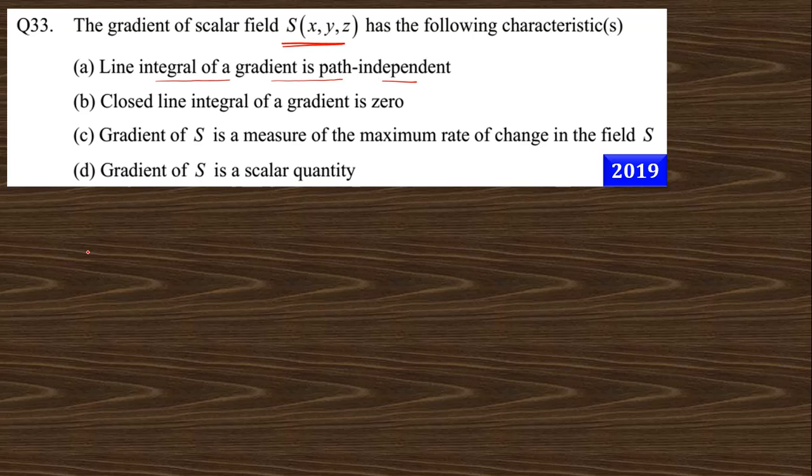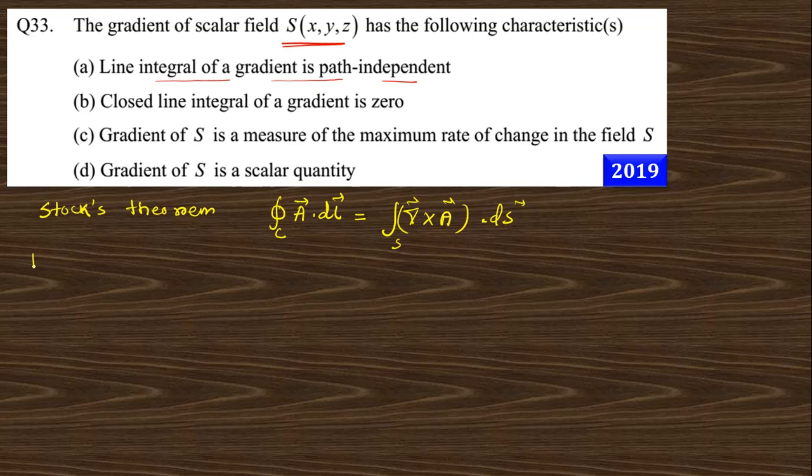You know the Stokes theorem says the closed line integral of any vector A is the surface integral of curl of A dot ds. This is the Stokes theorem.